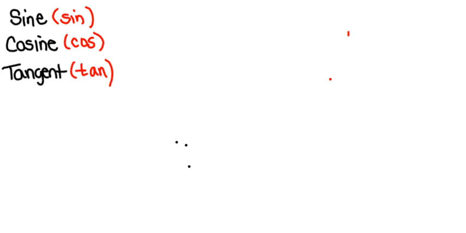So what are these sine, cosine, and tangent? Well, sine is really just the ratio between the opposite leg and the hypotenuse. And we'll talk more about what that means in a few minutes.